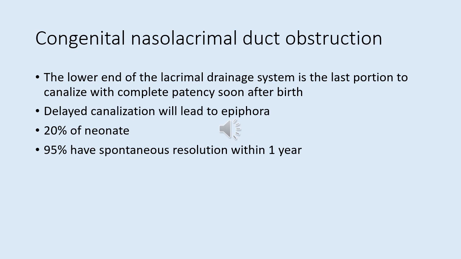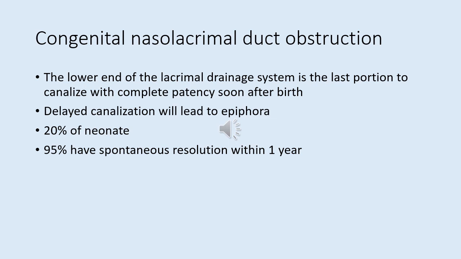Congenital nasolacrimal duct obstruction. The lower end of the nasolacrimal duct, in the region of the valve of Hasner, is the last portion of the lacrimal drainage system to canalize, with complete patency most commonly occurring soon after birth.